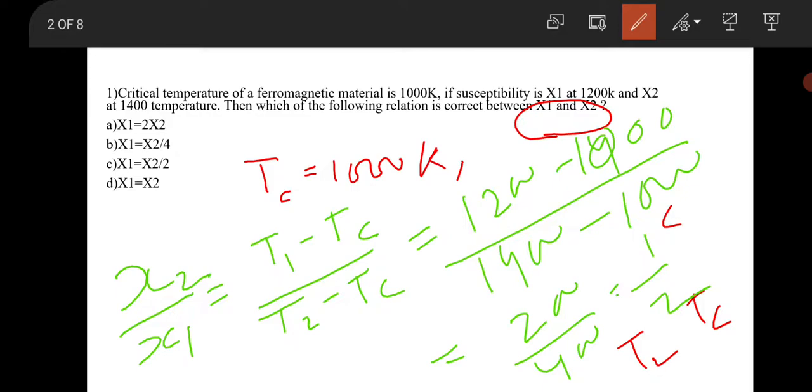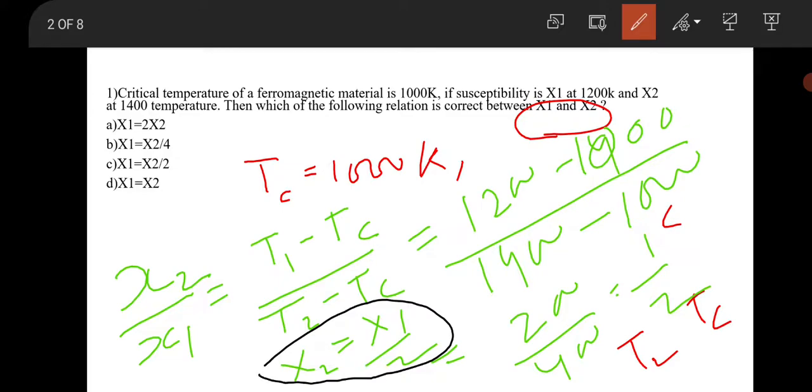So our x2 will be x1 by 2. This is the correct answer to the question, so option A is the correct option.